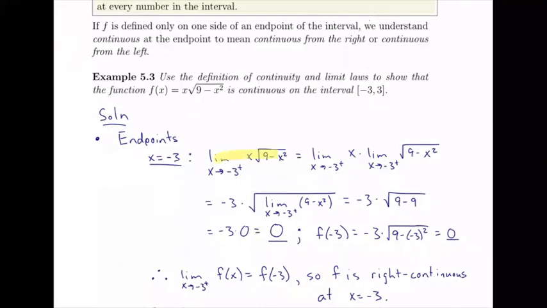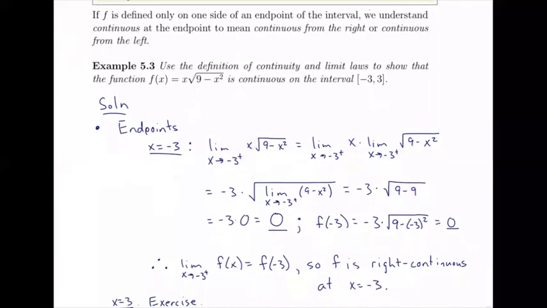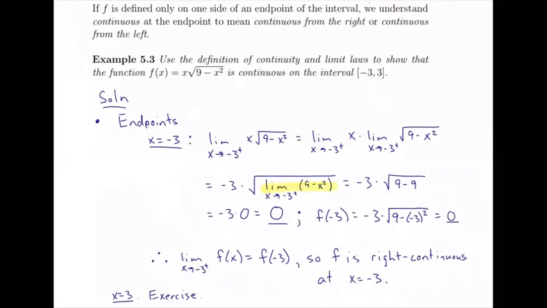When I evaluate this one-sided limit, I need to remember to use limit laws. So I have a product. The limit of the product is equal to the product of the limits. I've split the limit over the product and applied it to each product term. The next thing I need to do is pass this limit inside the square root. So here's where that happens, and I'm taking the limit now of 9 minus x squared.